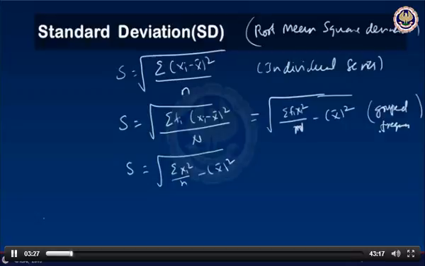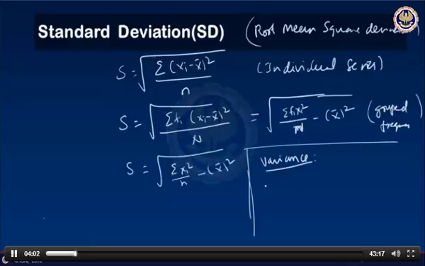Now from this we can find the standard deviation, the root mean square deviation. The square of the standard deviation is another important concept, which is variance. Variance is the square of the standard deviation, and it also measures the dispersion.